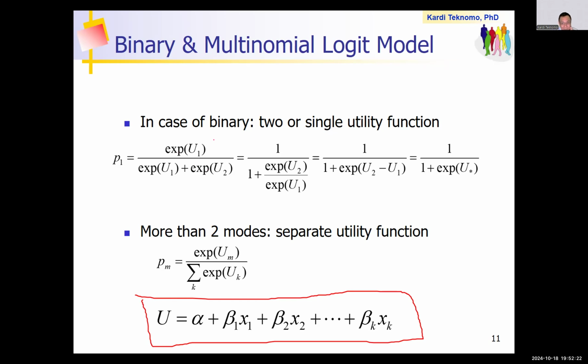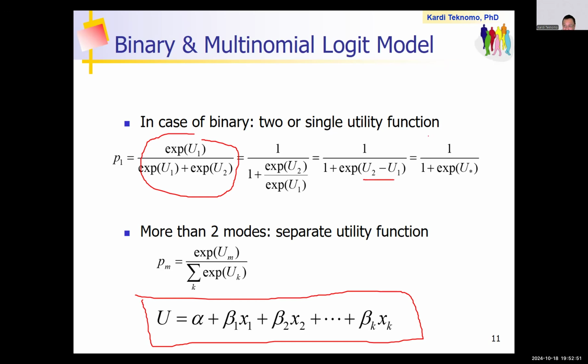This formula, you can simplify. On the top, you can put it as 1, then you can put it below. So that is 1 plus exponent of u2 minus u1. This is exactly equal. Because this is exponent divided by exponent, you can subtract.